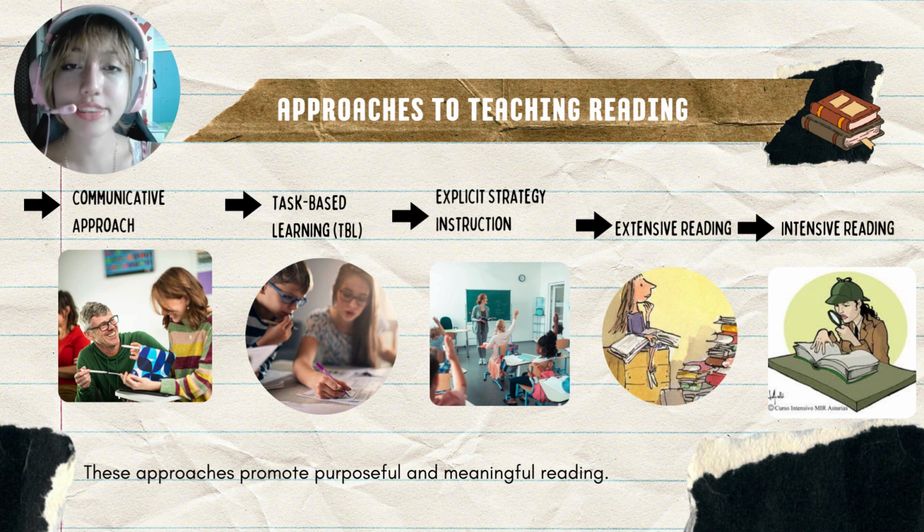In addition, teachers can use extensive reading, which encourages students to read longer texts for general understanding, and intensive reading, which focuses on detailed analysis of shorter texts. This approach helps students develop purposeful and meaningful reading skills.